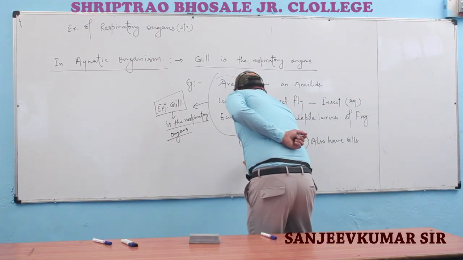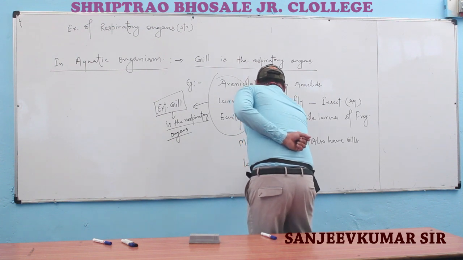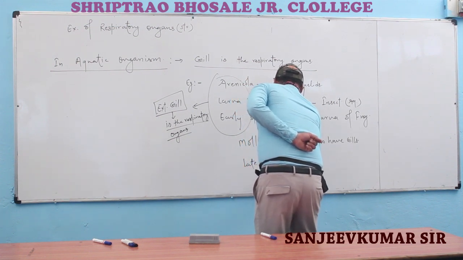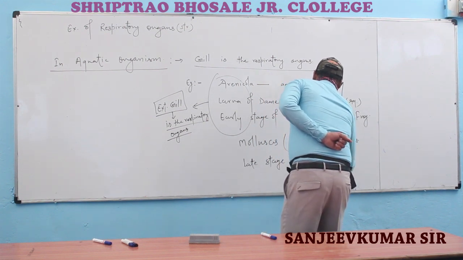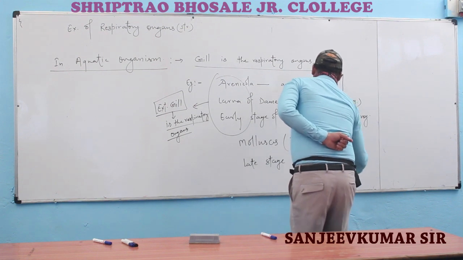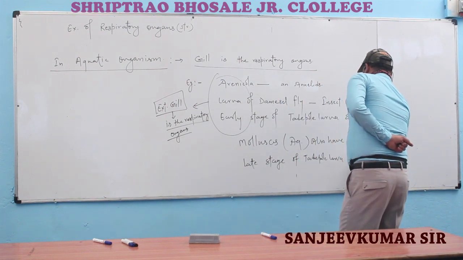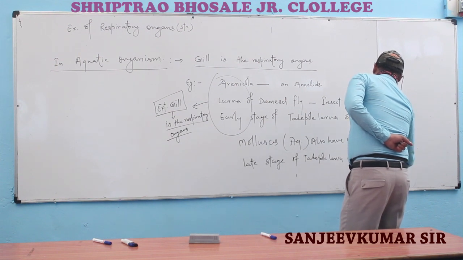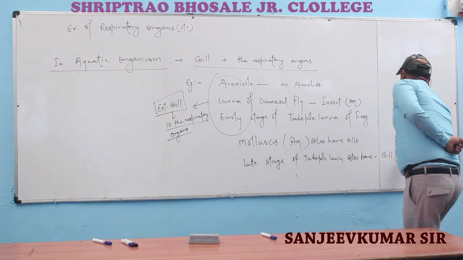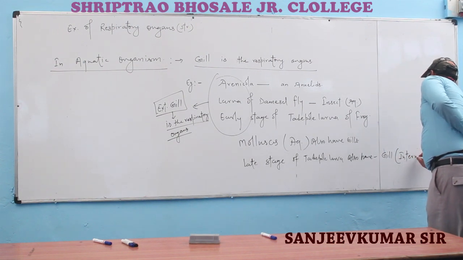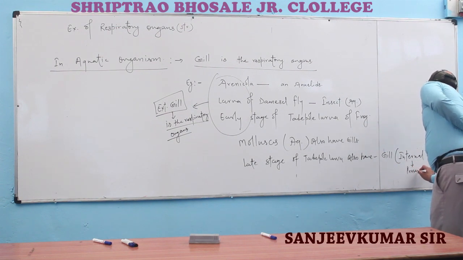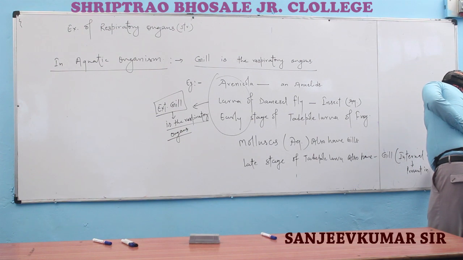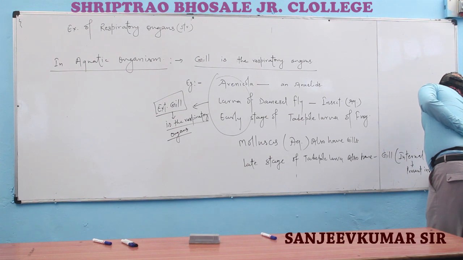And again, the late stage of tadpole larva also has gills, and here is the internal gill that is present inside the body.